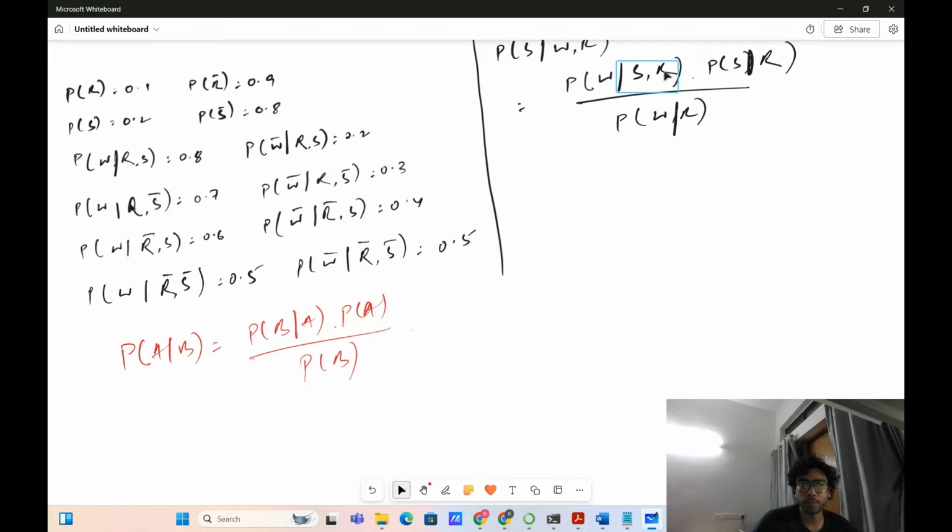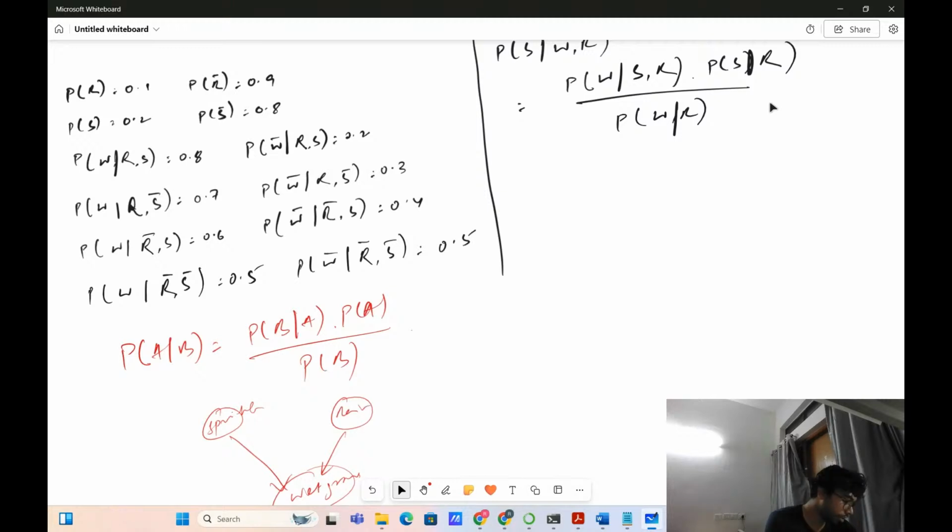So probability of W given S and R is given over here. So this is 0.8. Now I have to calculate probability of S given R. If you see from the network, sprinkler and rain are independent of each other, right? So the network was something like this. Here you had wet grass, here you had sprinkler, here you had rain.